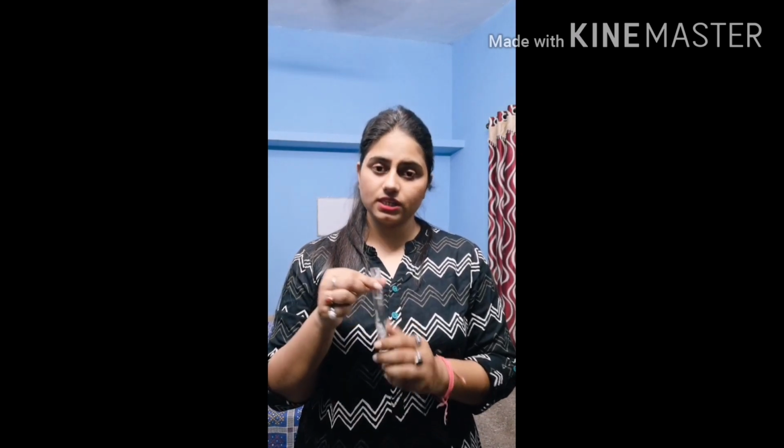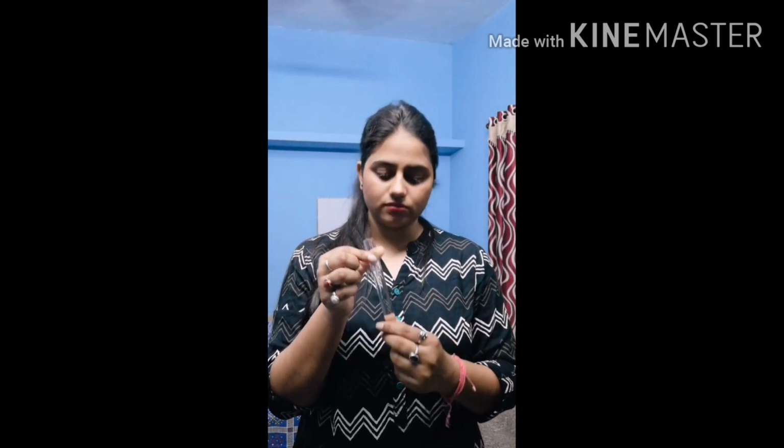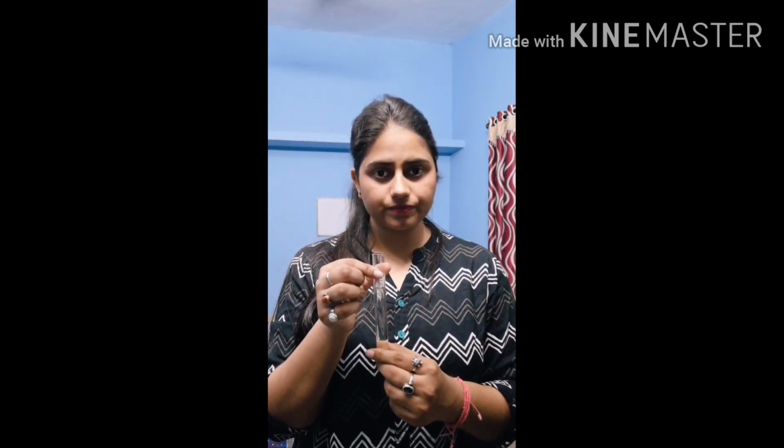The third point is that the particles have space between them. Now you can see the salt dissolving in the water, and we can't see the particles of the salt. Why? Because they get into the space between the particles of water. That means particles have space between them.